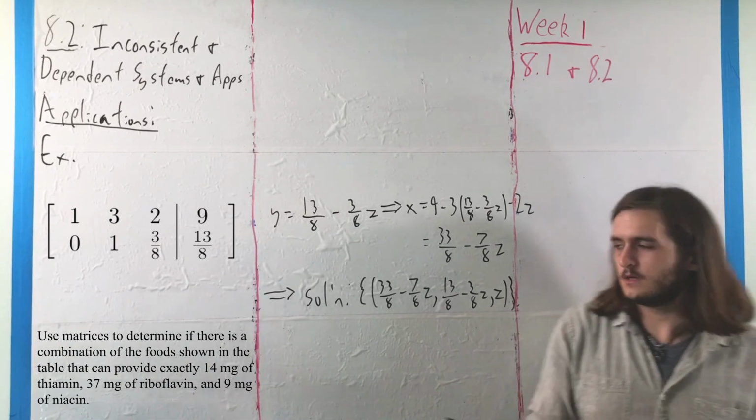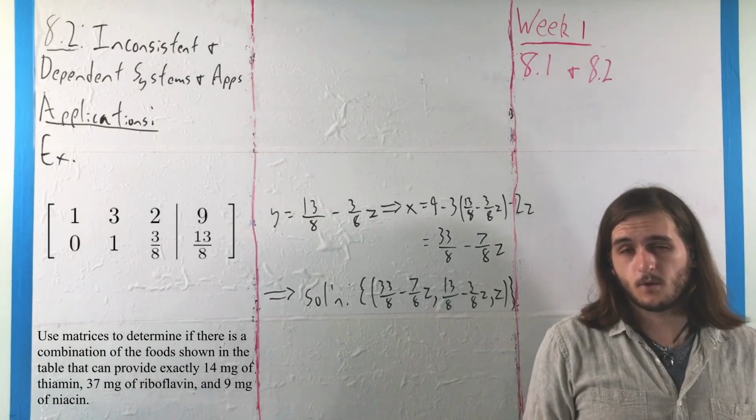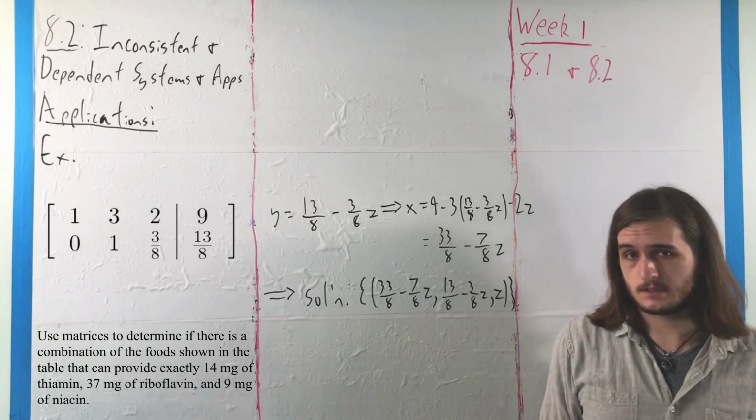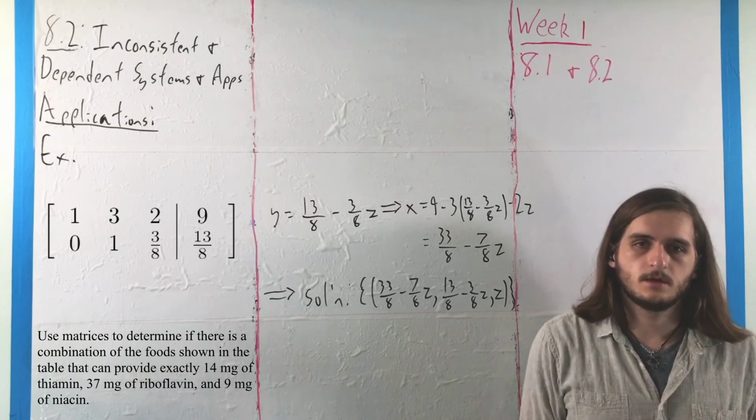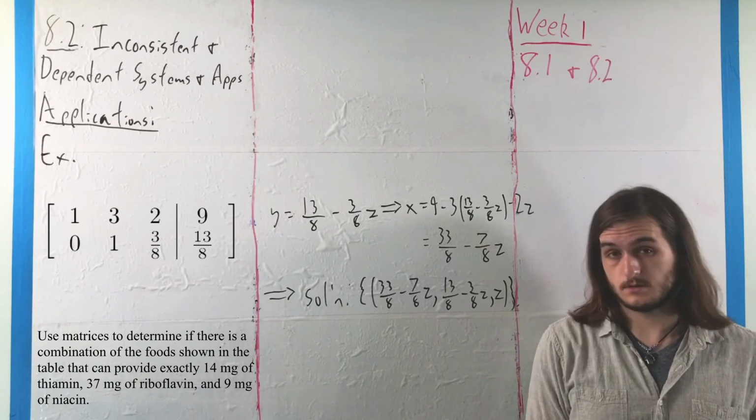So realistically, we can take anything for food C up to 4 1/3 ounces of it. But this is what we're looking for, our general solution.